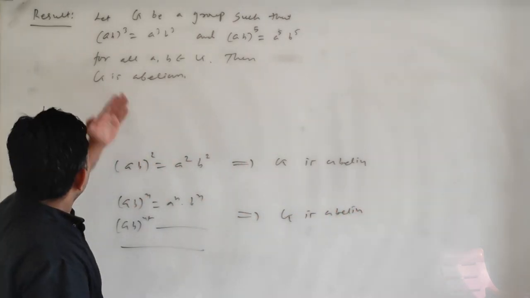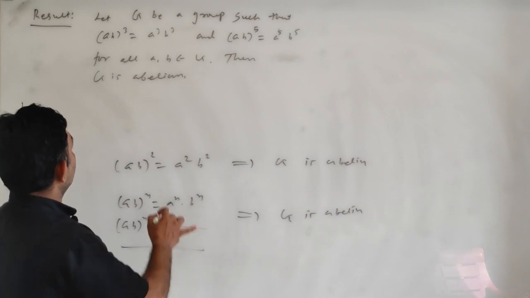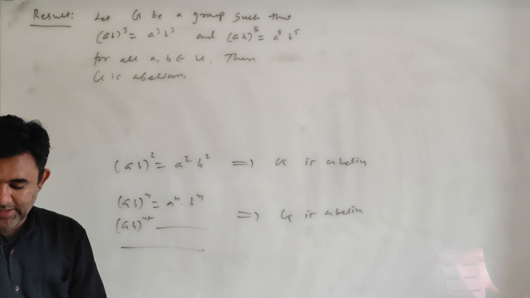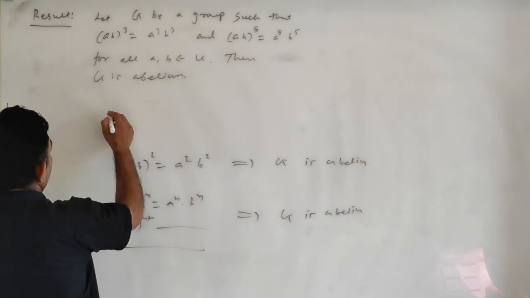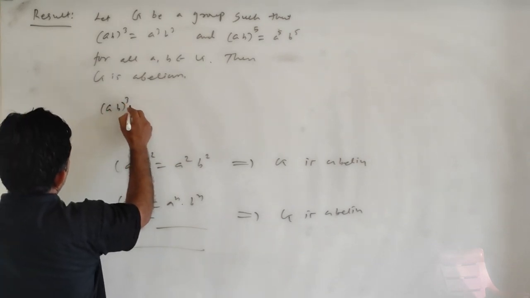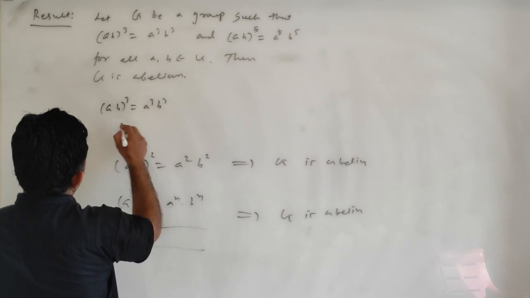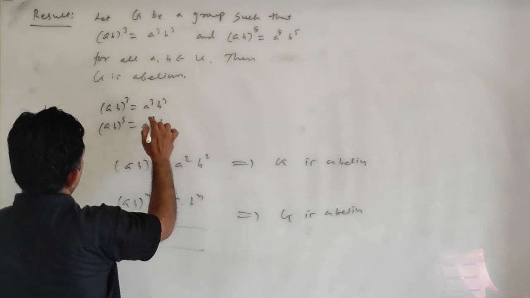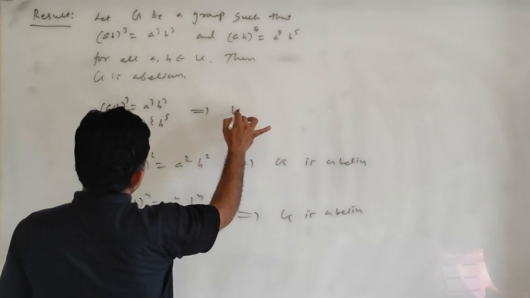And in this result we claim that if (ab)^3 equals a^3 b^3, (ab)^4 equals a^4 b^4, and (ab)^5 equals a^5 b^5, then G is abelian.